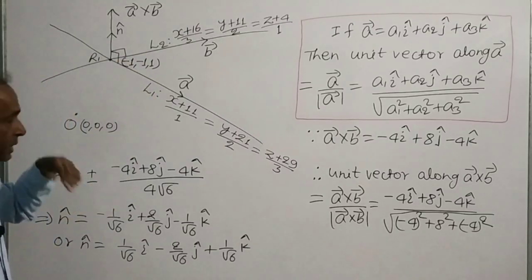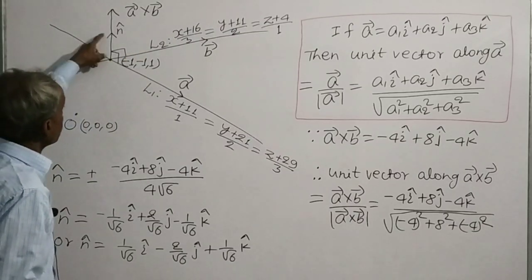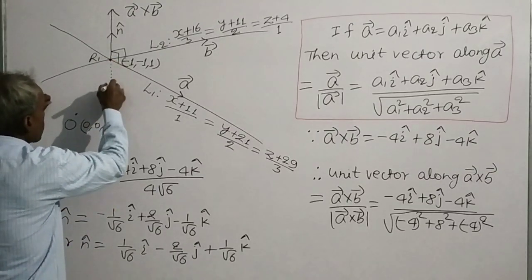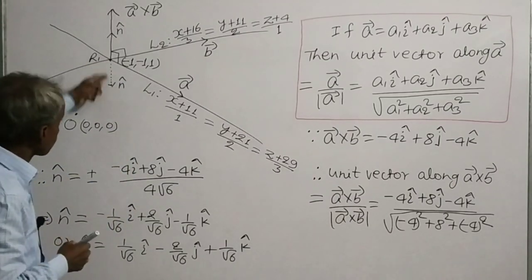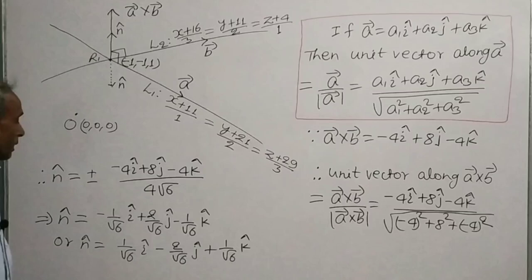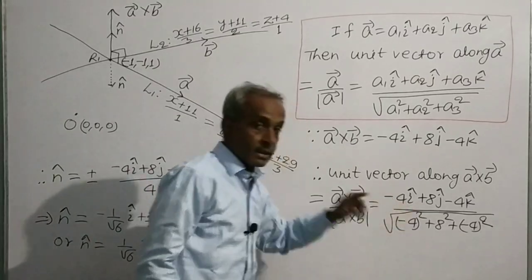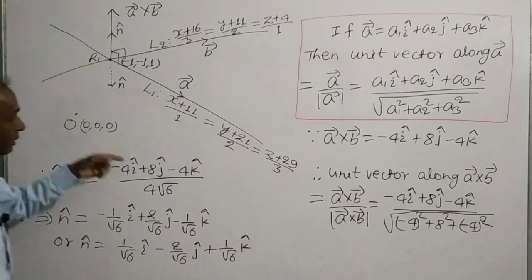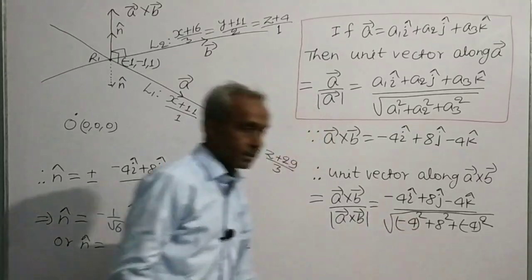A unit vector perpendicular to this line and this line can be in this direction, or such a unit vector can also be in this direction, perpendicular to both. If the unit vector in this direction is this, then the unit vector in the opposite direction will be equal to minus sign before this.